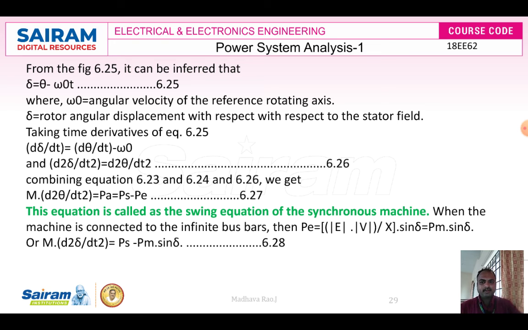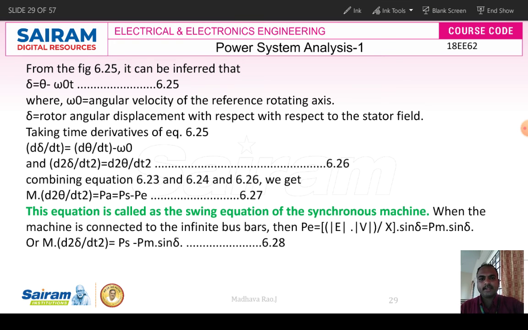From the figure, delta is theta minus omega naught into t, where omega naught is the angular velocity of the reference rotating axis and delta is the load angle, also called the rotor displacement angle. Taking the derivative with respect to time on both sides of equation 6.25, d delta by dt is equal to d theta by dt minus omega naught.